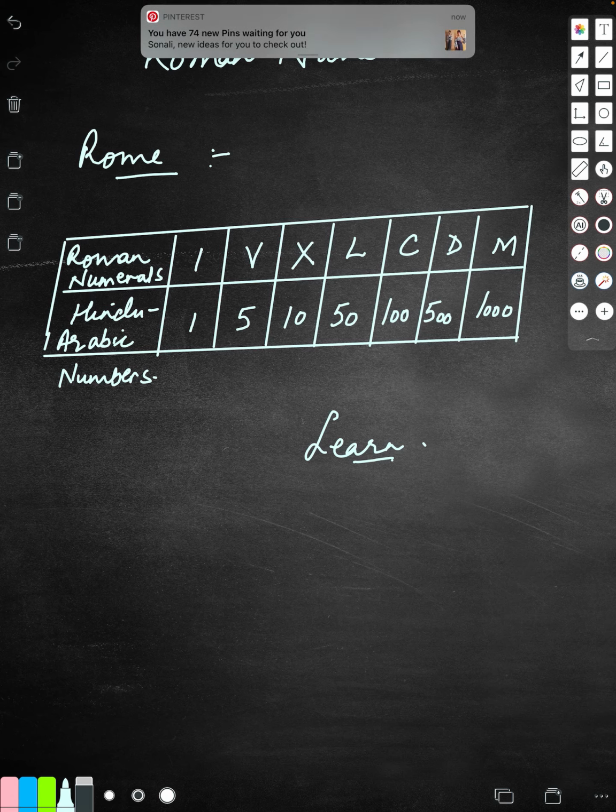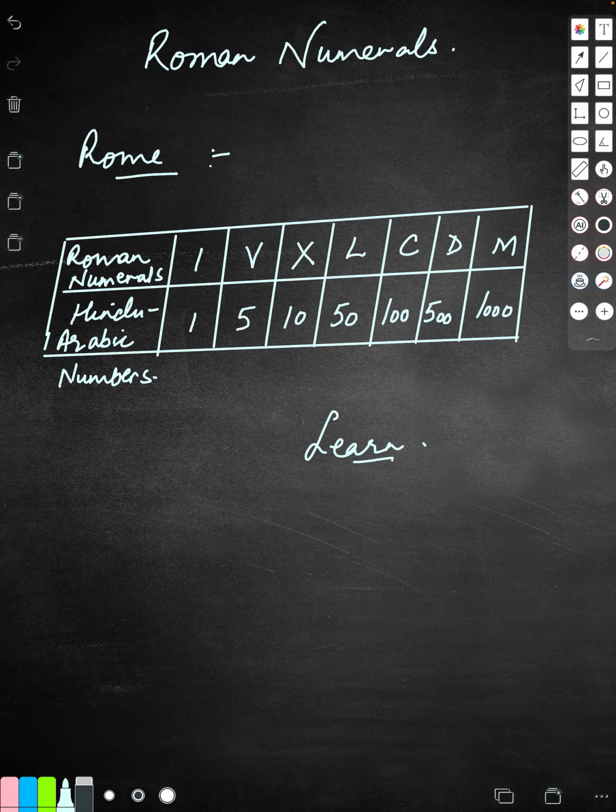Mostly in schools, the classrooms are represented by Roman numbers. Another example is that clocks are made using Roman numerals. These are the only two places in our neighborhood where we use Roman numerals, because they add a little beauty to it.